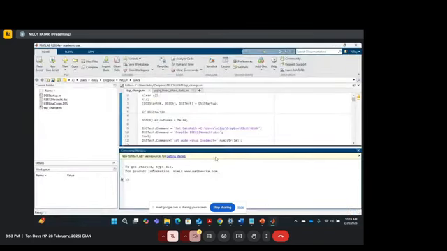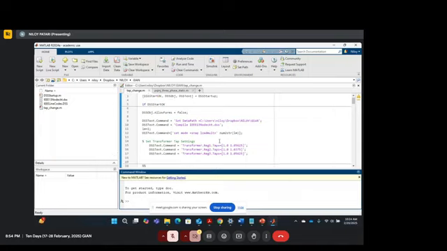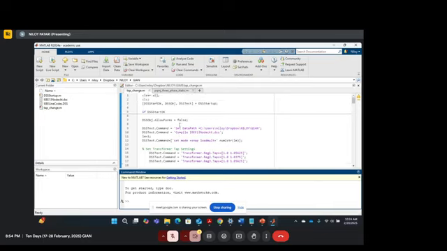So here it's a tapchange.m MATLAB file, and a DSS startup file. These are some basic files that you have to write in order to create that interface.